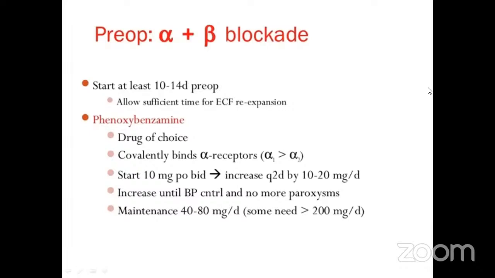Madam, I have one doubt. What happens if you give beta blockade without stabilizing alpha blockade? Alpha blockade is always followed by beta blockade, sir. Supposing some doctor has given beta blocker without stabilizing with alpha blockade, it may cause a hypertensive crisis, and I think it may precipitate, sir.